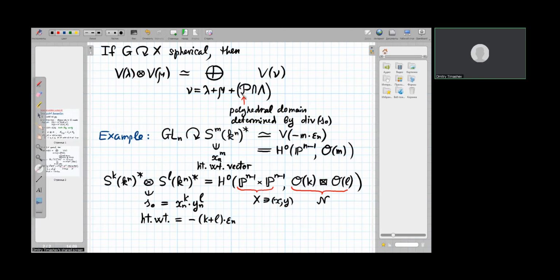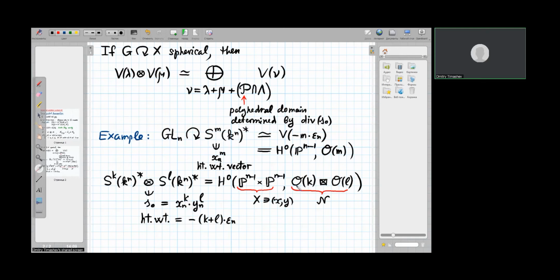I have a question. So you pick up a section from, for example, O(k), and then a section from O(l), right? Well, these guys are just highest weight vectors. They are unique, because these are irreducible. So what is the product here? A tensor product, or you may also consider this as a product of coordinates.